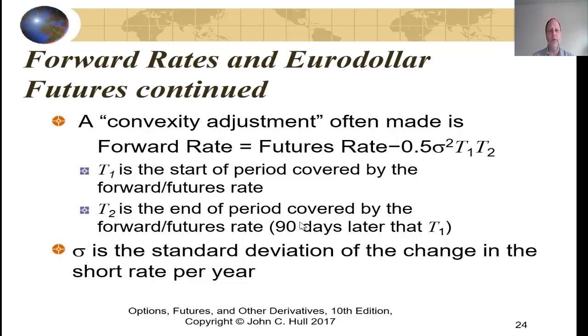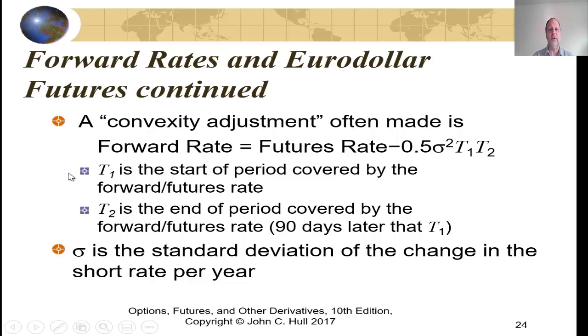Therefore, if you're going to compare these two, you have to add a so-called convexity adjustment to take into account that if interest rates go up, you get paid on the futures contract every day, and you can reinvest that payment at a higher interest rate. If interest rates drop, then you will get a lower interest rate, either the short or the long, on that reinvestment of the daily marking to market process.